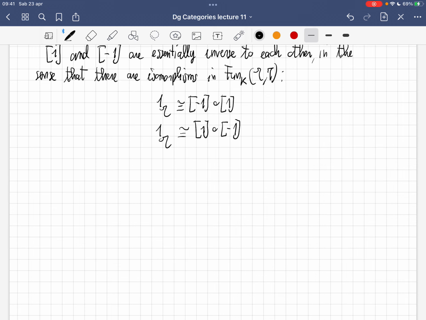Let me just recall what it means for F and G in general to be isomorphic as functors from T to T: it means that we have some family of isomorphisms and you have compatibility.